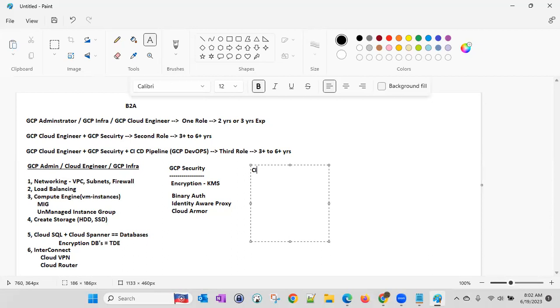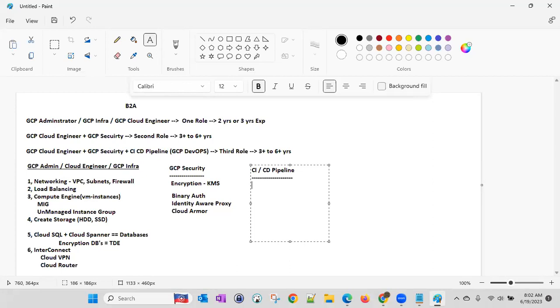Then we have a lot of things. CI/CD pipeline. In simple words, DevOps. CI/CD pipeline, we know GitHub, Ansible, Jenkins. So many things are there, right?